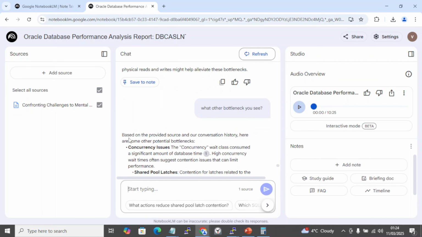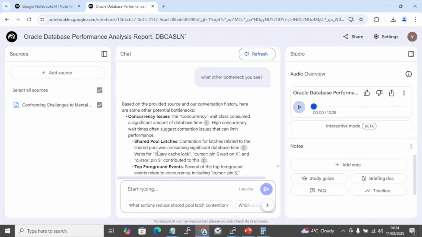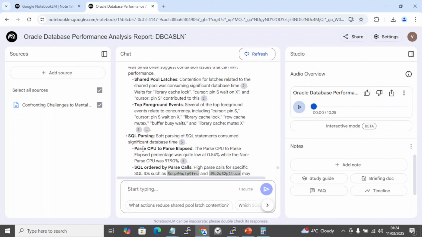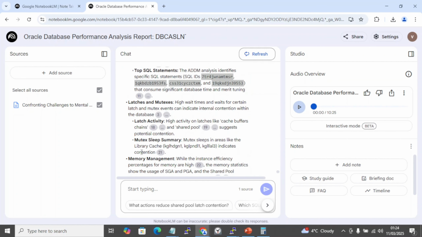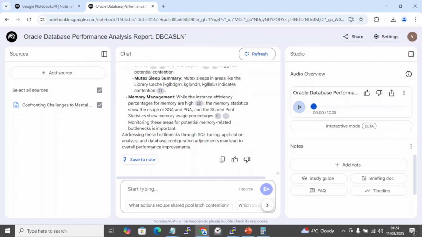All right. Based on the information history, here concurrency issues. Workload consumed a significant amount of database time. All right, yeah, this is correct. Yeah, fine. All right, latches, memory management with insufficient memory percentage. Even if I have 100 times more memory than what I had, this problem would have stayed.